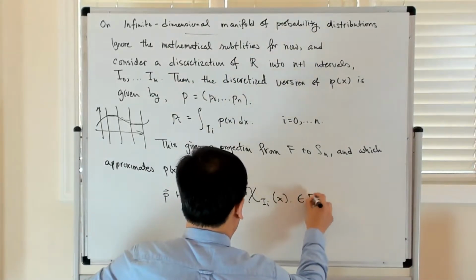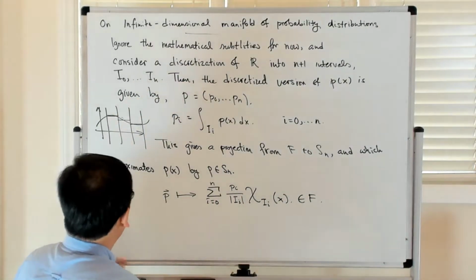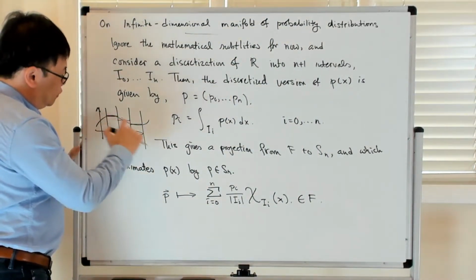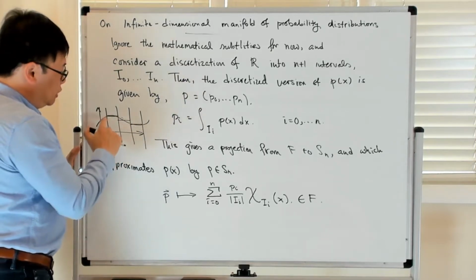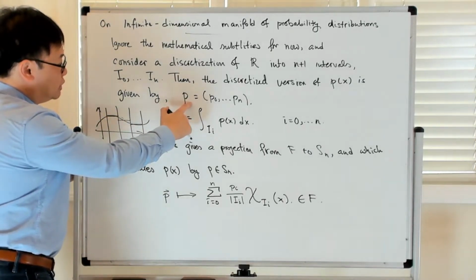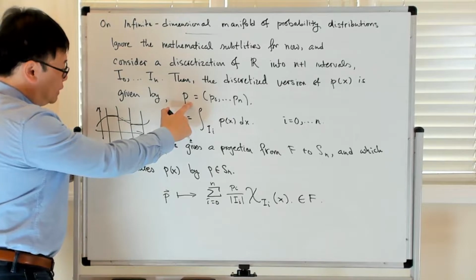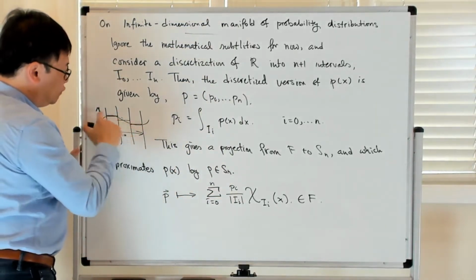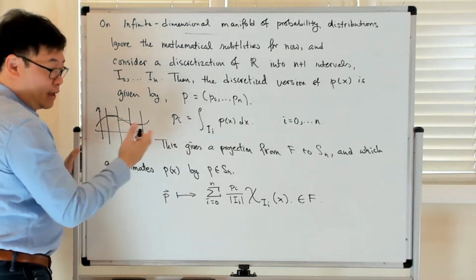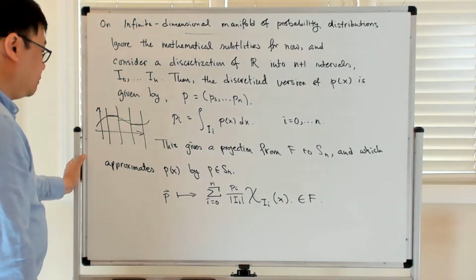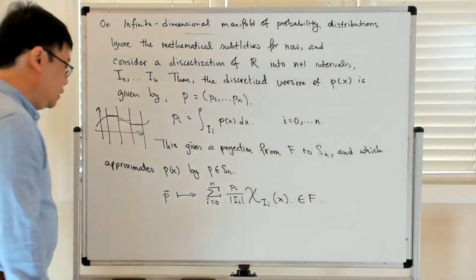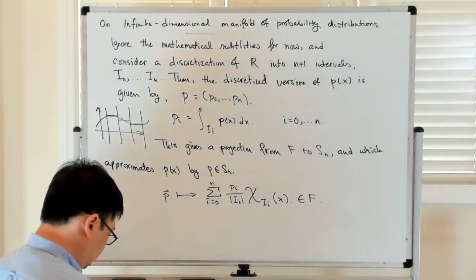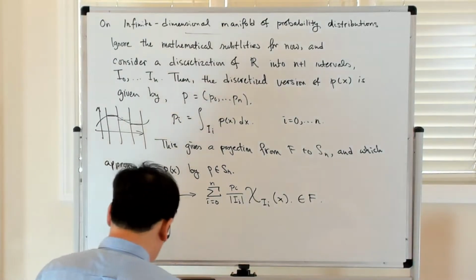So, as I said, if you give me a probability distribution, I can project it into this probability simplex, and once I have that, I can map it back to this piecewise constant approximation of that probability distribution. So anyway, you can do something intuitively like that.